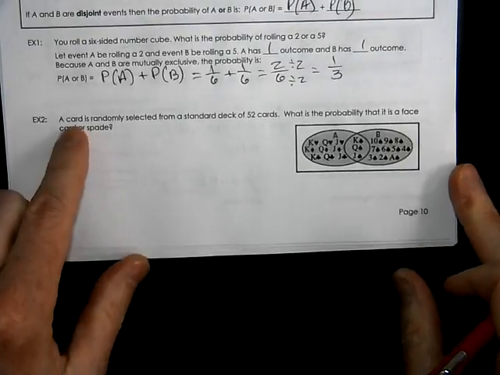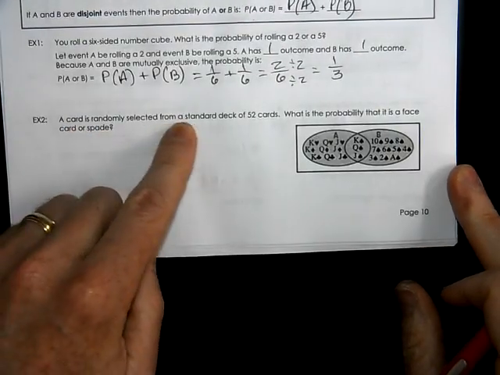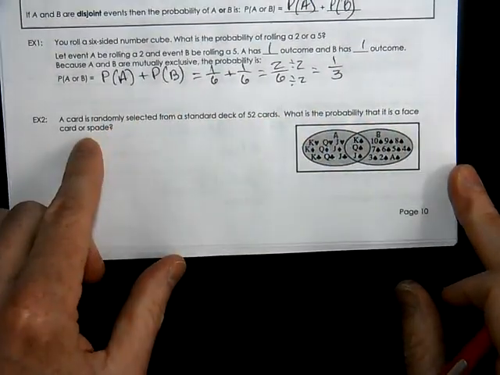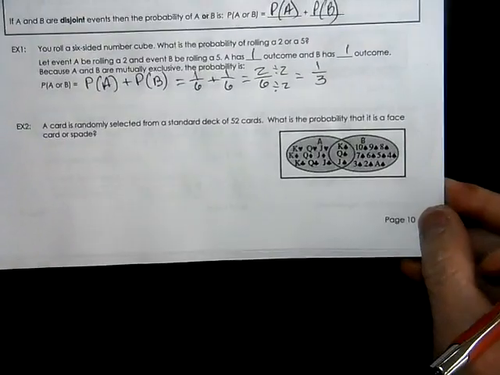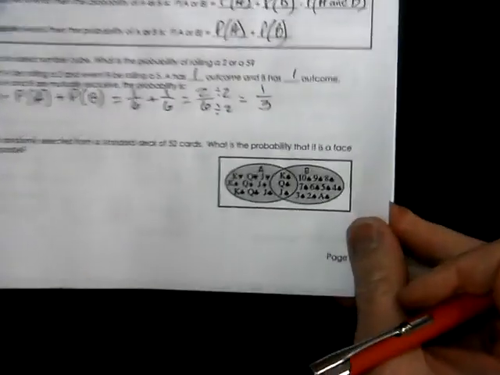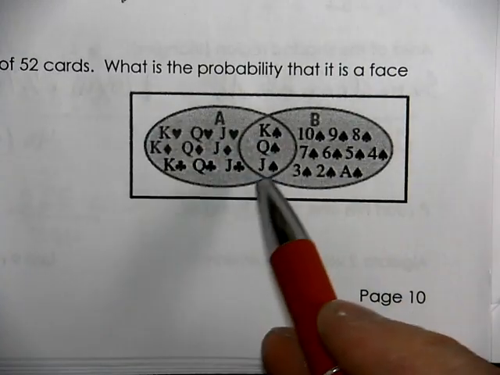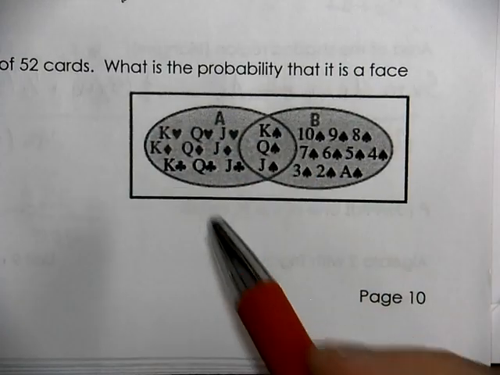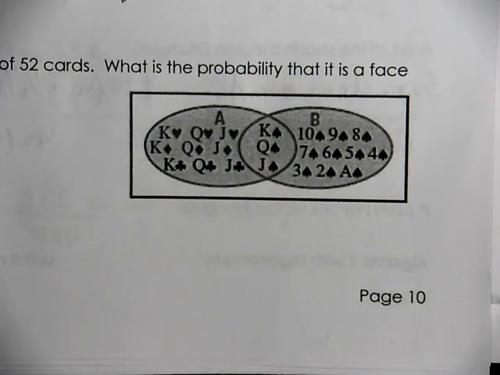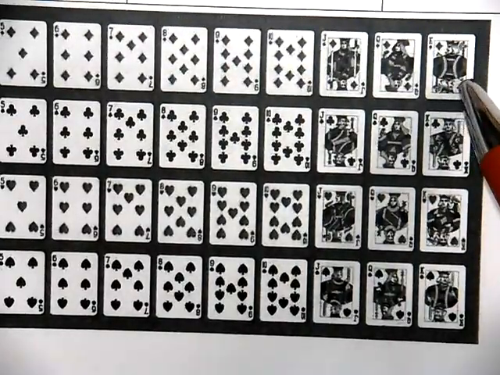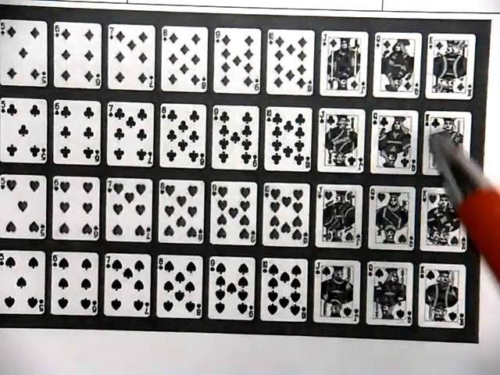So now we're down here. A card is randomly selected from a deck of 52. What's the probability that it is a face card or a spade? So if we look at all the face cards, if you look at our Venn diagram here, you have the face cards. There are 12 of them. You could have looked at your chart and noticed that there were 12 face cards.